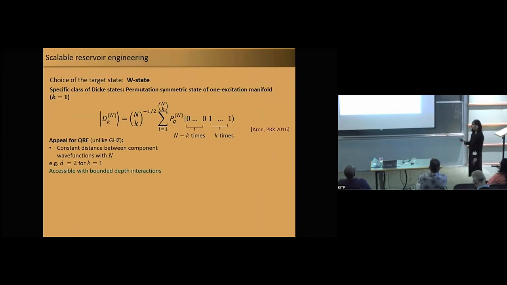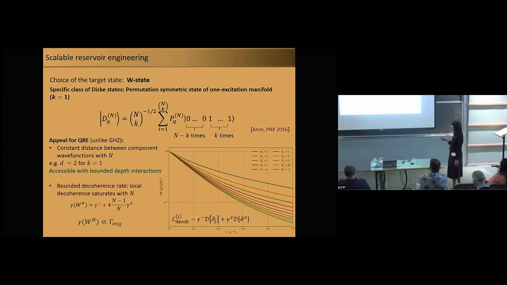bounded depth interactions. And the second very interesting point about W states is what happens as you increase the system size, which means that if you have an n-qubit W state, where each qubit has a local decay and decoherence rate. Here's what I'm plotting: the decay rate of the n-qubit W state under the action of all these independent local decay channels. The final decay rate actually looks something like this. So for n going to infinity, it actually remains bounded.